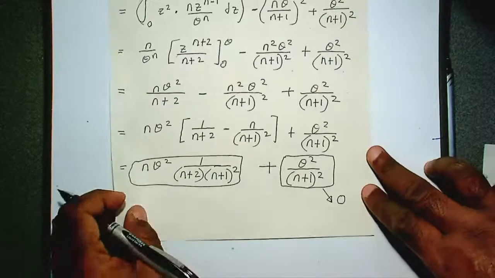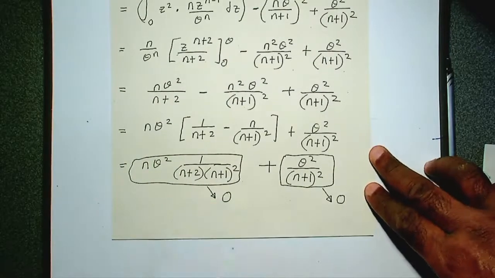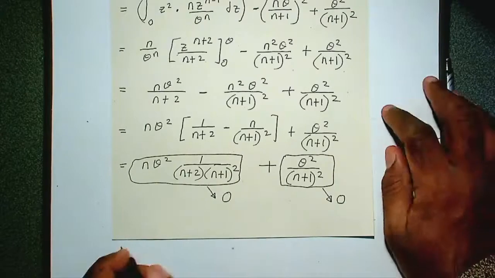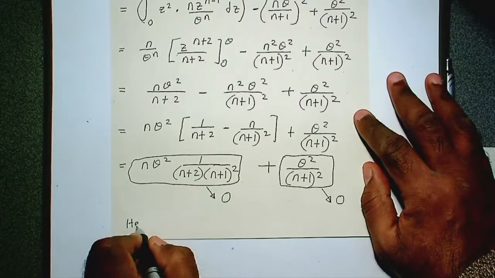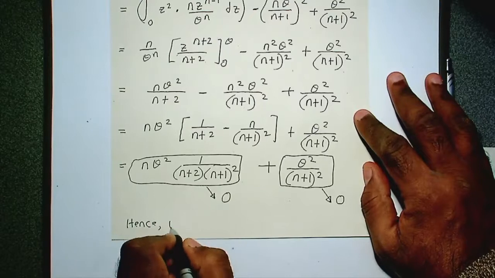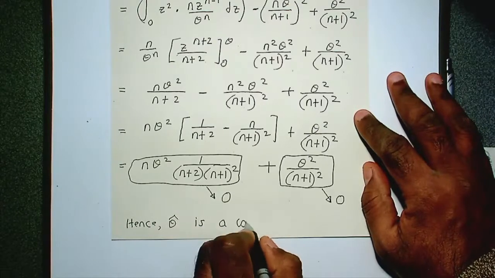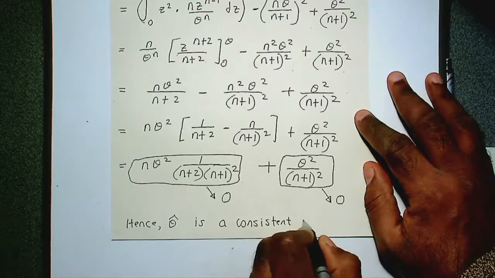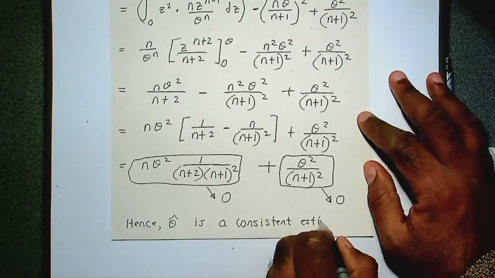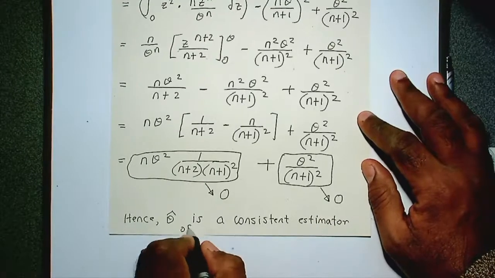As n approaches infinity, this will go to 0, too. Yeah? So the limit of the MSE is 0. So hence, theta hat is a consistent estimator of theta.